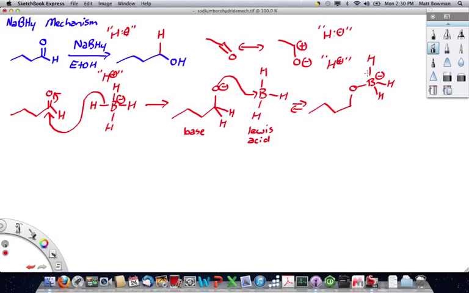And as a result, we generate another hydride species that can add to a carbonyl.